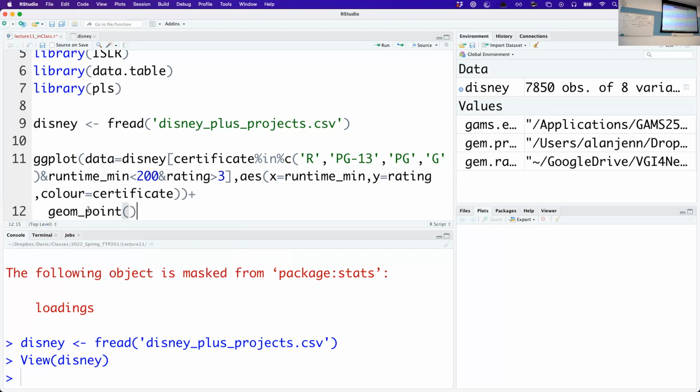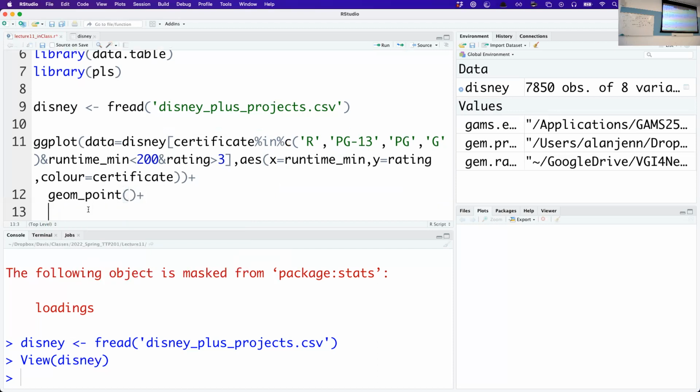And I'm going to do a scatter plot with my x-axis being the runtime of the movie, the y-axis being the rating of the movie, and then the color being the certificate.